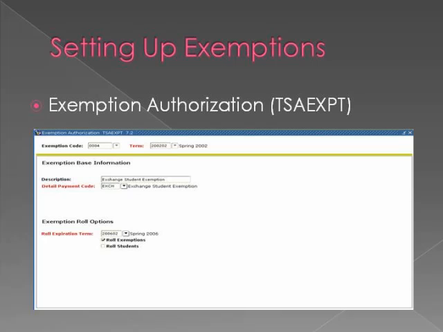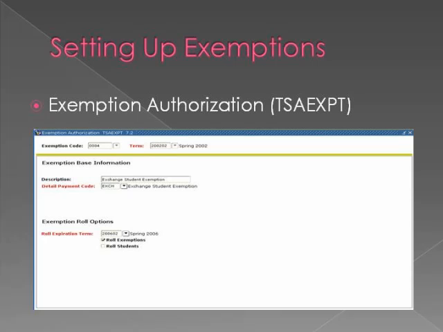Okay, your exemption authorization, TSA EXPT, and this is how it looks. Now, your exemption codes are a little bit different in that you don't actually have to create an ID number to associate with each one of your exemptions. You have an exemption code, and it is a number selected by you.